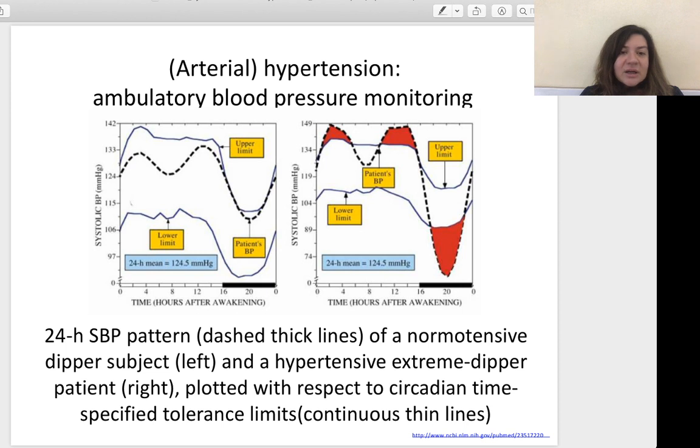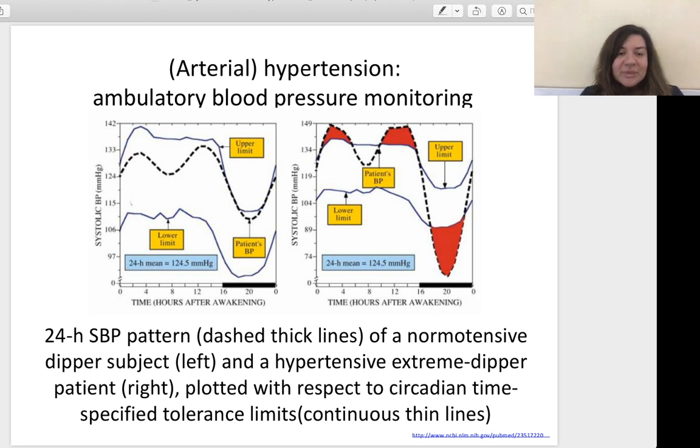And here you see schemes of systolic and diastolic blood pressure. The 24-hour systolic blood pressure pattern, dashed thick lines, of a normotensive dipper subject in the left picture, and a hypertensive extreme dipper patient in the right picture, plotted with respect to circadian time-specific tolerance limits, the continuous thin line.